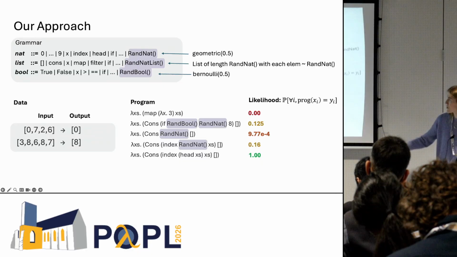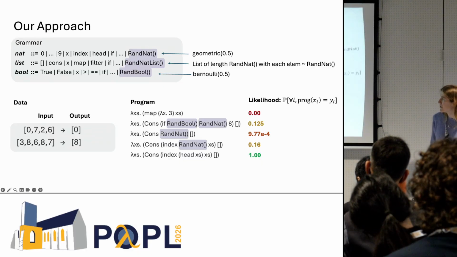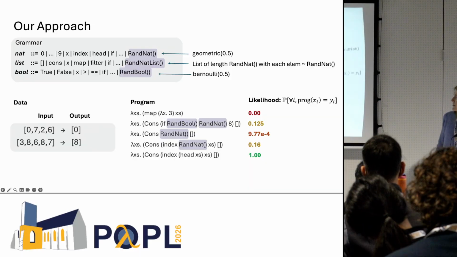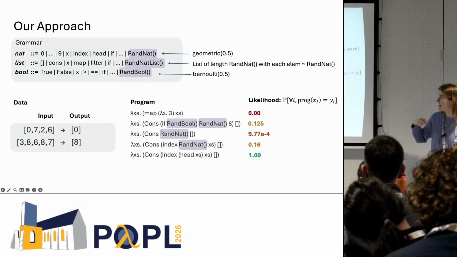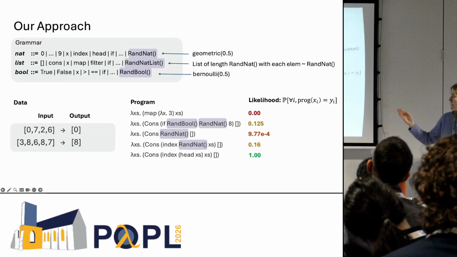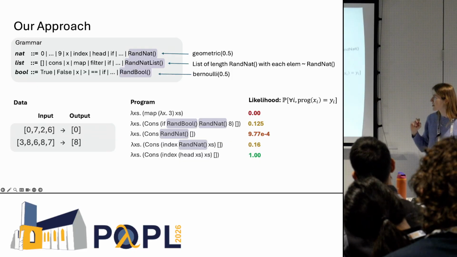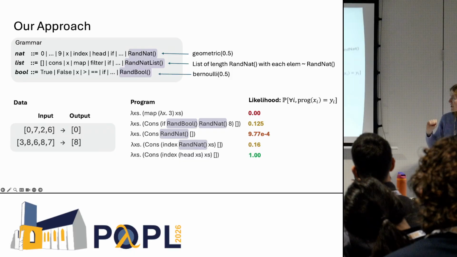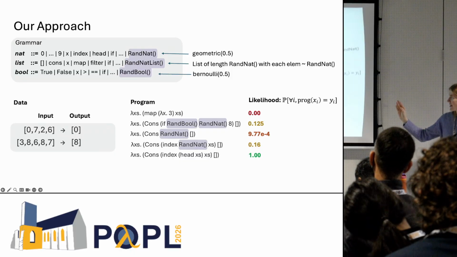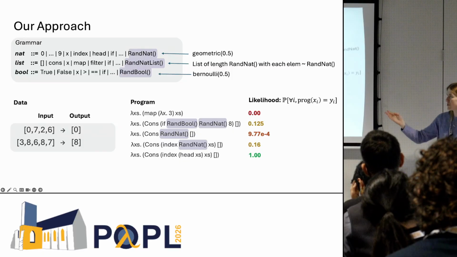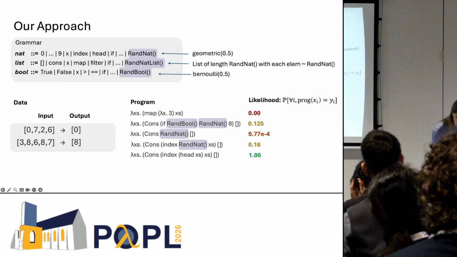And these three programs in the middle, for example, all involve a singleton list of some kind, with random contents, and so they all end up ascribing different non-zero likelihoods to the input-output examples.